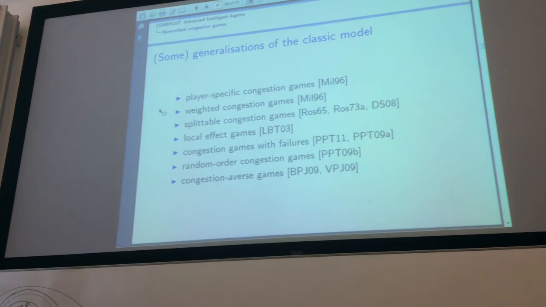Another model is weighted congestion games. I'll give you an example later, probably in homework. In weighted congestion games, you have agents that have different weights on resources. Before, the congestion of the resource was given by the number of users. Here every user may have a different weight. If I join the resource, I bring congestion 1.